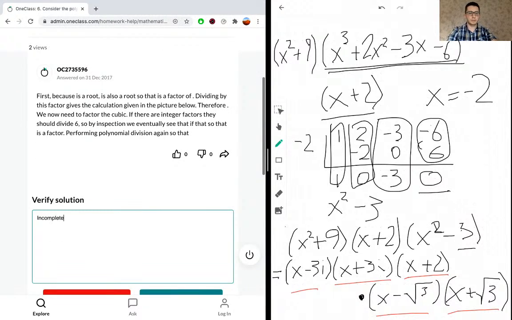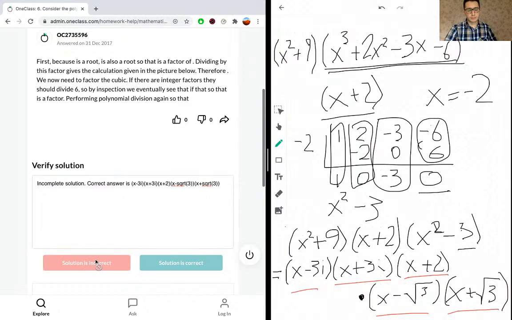The correct answer is x minus 3i, x plus 3i, x plus 2, x minus square root 3, and x plus square root 3. And the solution is incorrect.